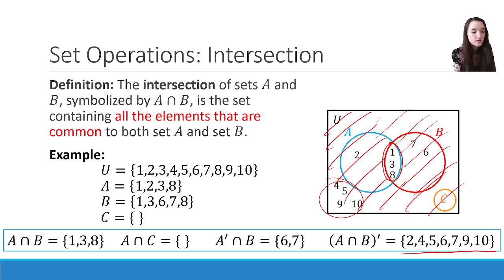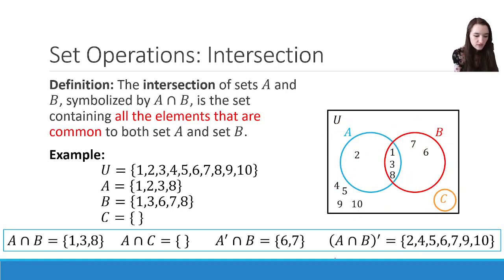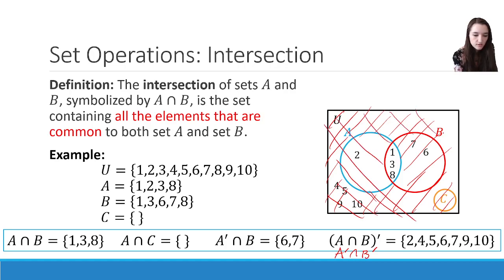Now you may be wondering, well, what if I had done A complement intersect B complement? Isn't that the same thing? And the answer is no, it's not the same thing. A complement intersect B complement would look like the following. So here's A complement, and then B complement looks like this, right?